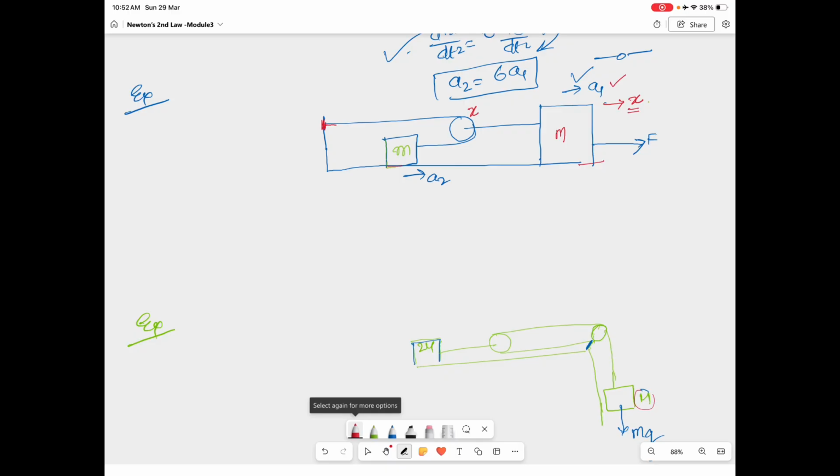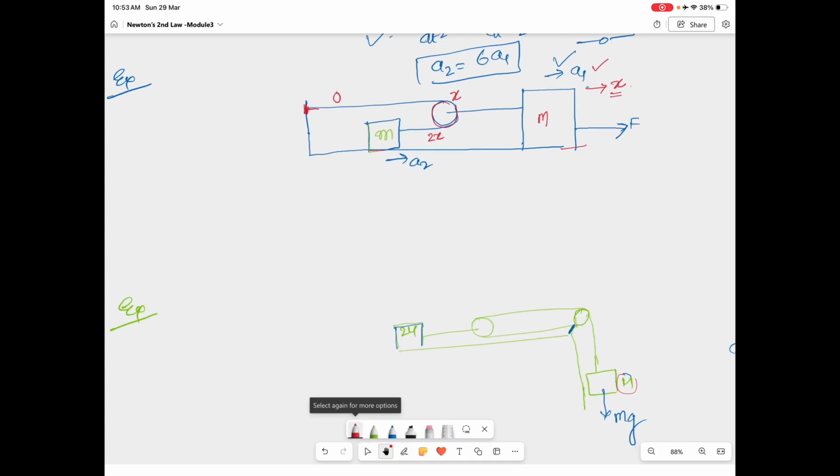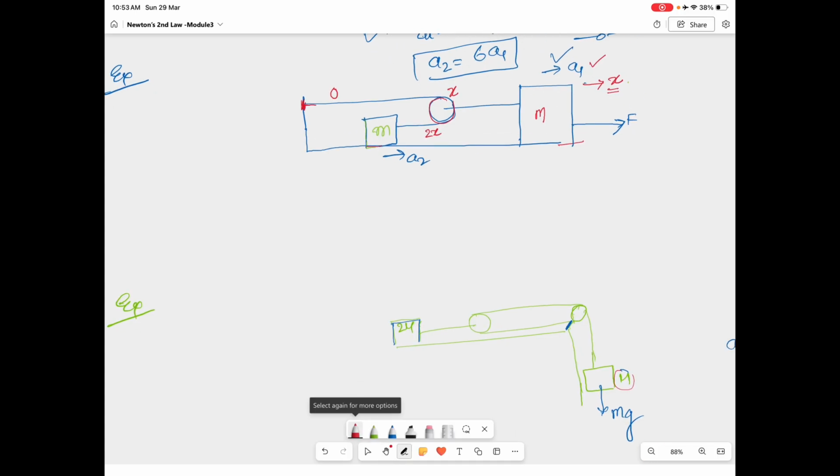Since this end is fixed, it will have zero displacement. Therefore, to make the displacement of the pulley x, this string has to move by 2x. So this clearly establishes that small mass m will move by a distance 2x if capital mass M moves by x.